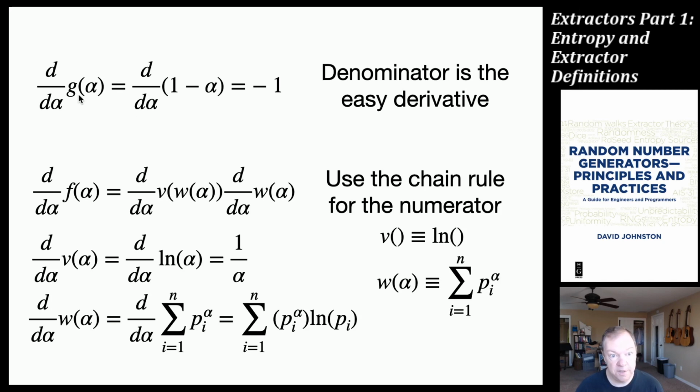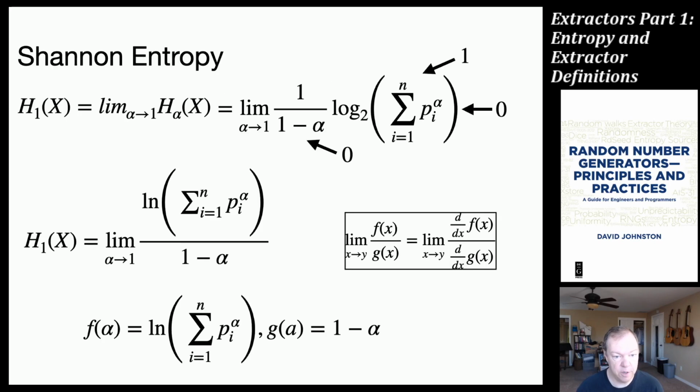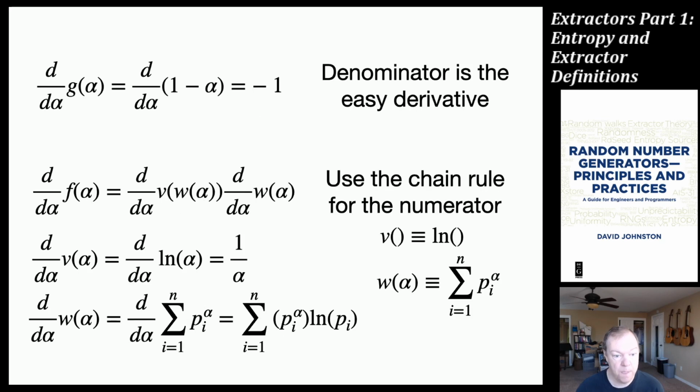The denominator is easy. The differential of 1 minus alpha with respect to alpha is minus 1. The numerator is not so easy. We've got a function of a function. If we go back up, we've got a log on the outside, and the inside function is a summation.